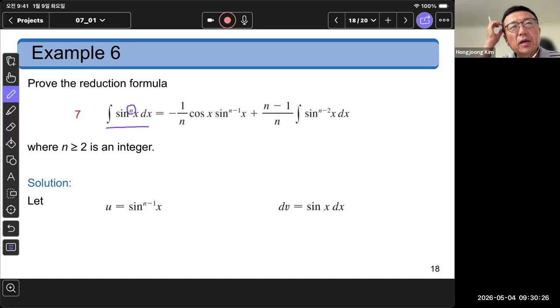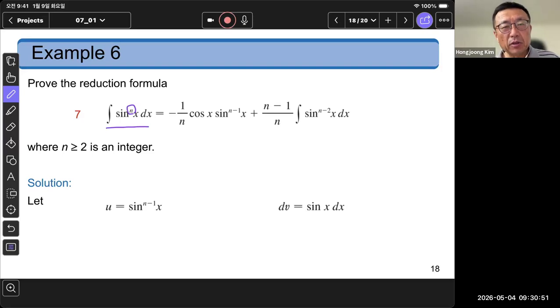Even in that case, we can use the integration by parts. First of all, I have one function in the integrand, and if I want to apply the integration by parts, I need two functions, but only one is given.